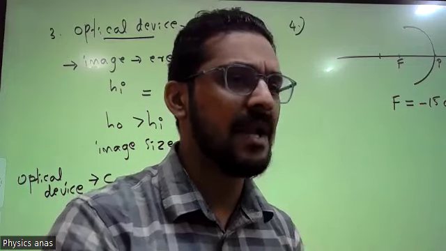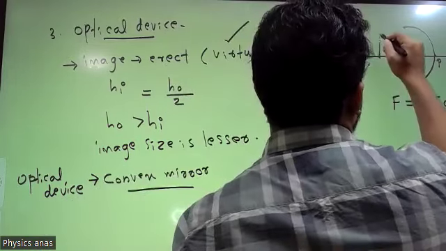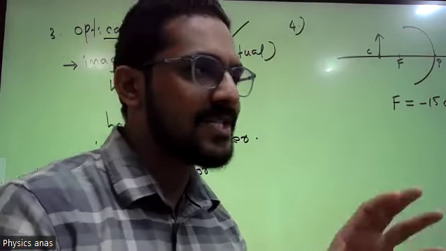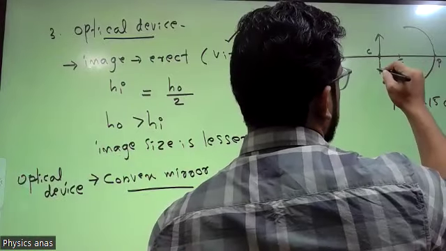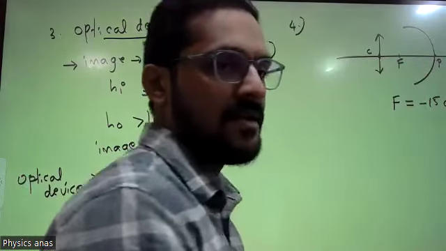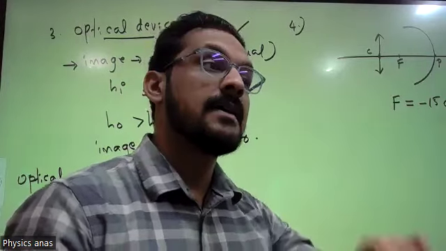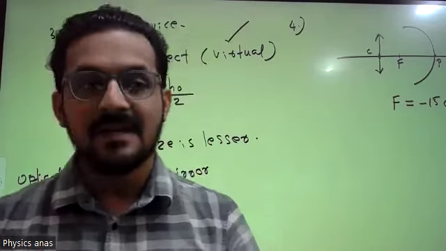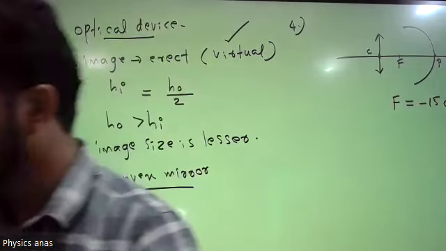The only possible answer is C. When you are placing an object at C, where do you get the image? The image will be at C itself, and the size of the image will be the same as that of the object. Okay? So we have that idea.